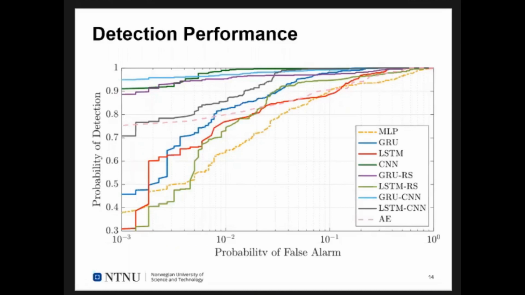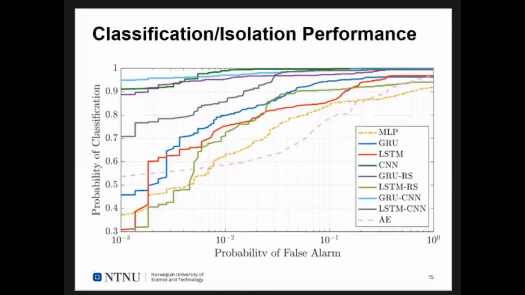In this case, the original MLP performs very badly on this dataset, but we might see how the different models behave. For instance, the CNN should be this one, and it is quite good. The closer we go towards this corner, the better we are. So you can easily see in terms of detection performance which combination shows very good performance.